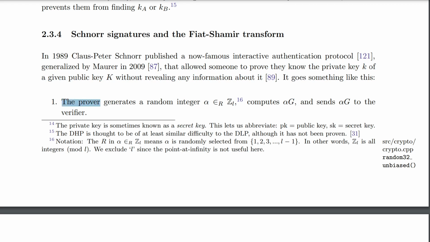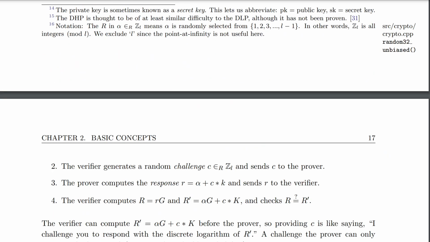You have the person who wants to prove that they know a private key, and so that person is going to generate a random integer alpha that exists in the field that we specified, Z sub l. They're going to use that random integer and multiply it with the generator point to compute another point, so alpha G, and they're going to send alpha G off to someone who's going to verify their knowledge.